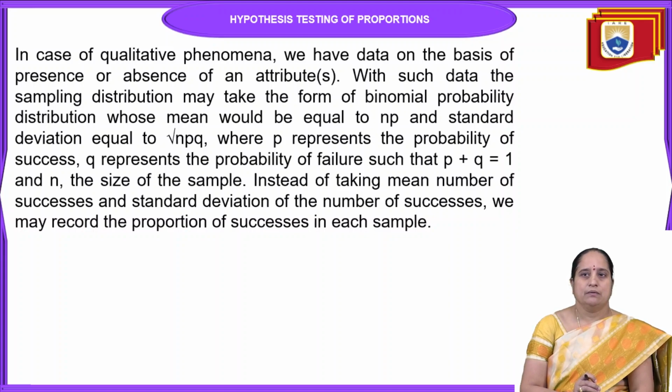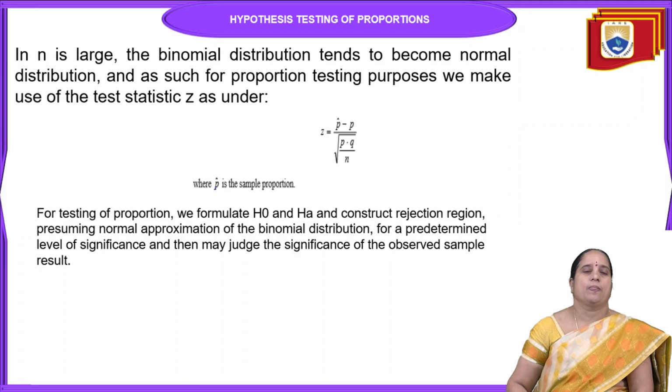Instead of taking the mean number of successes and standard deviation of the number of successes, we may record the proportion of successes in each sample. If n is large, the binomial distribution tends to become normal distribution, and as such, for proportion testing purposes, we make use of the test statistic z as under: z is equal to observed proportion minus p divided by root of p into q by n.